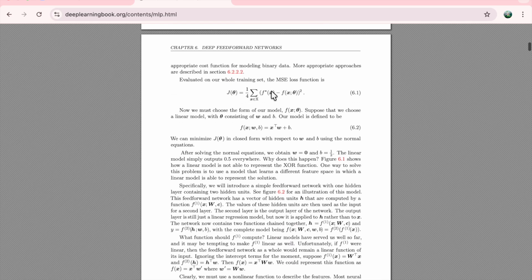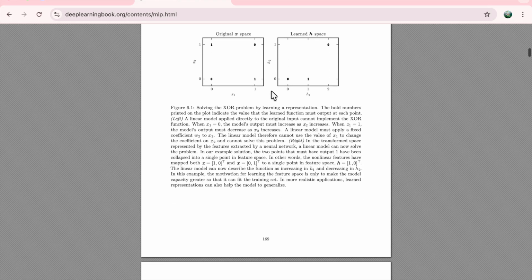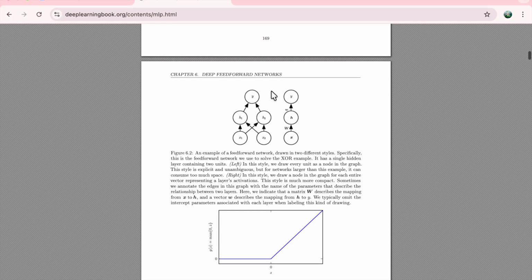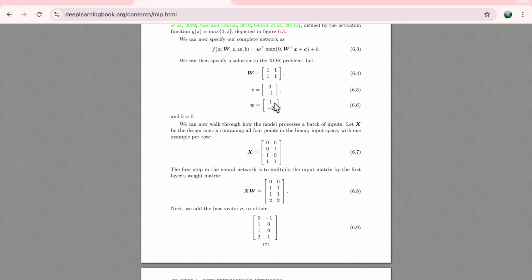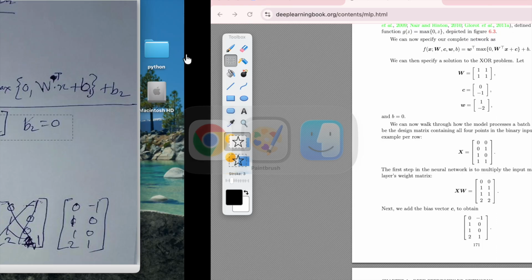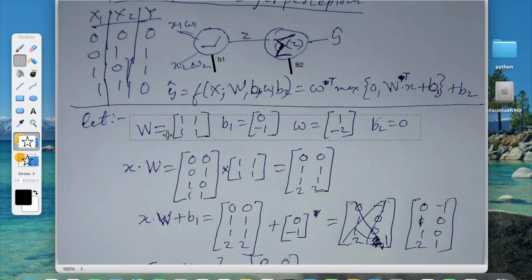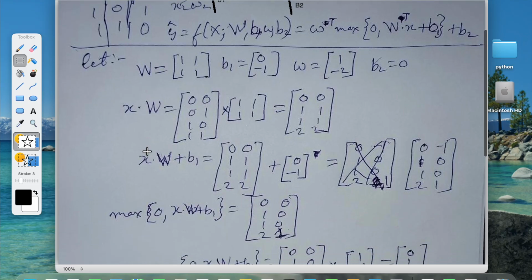Here you will find the entire explanation with all the values that actually solve the problem. This solution is given over here, so I took the values from there and then solved it by putting in all the values.